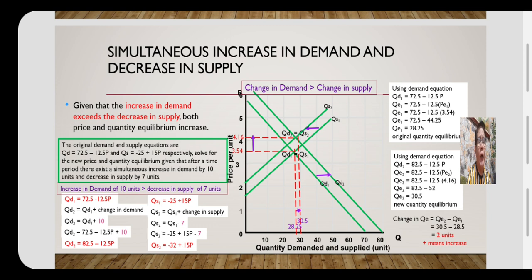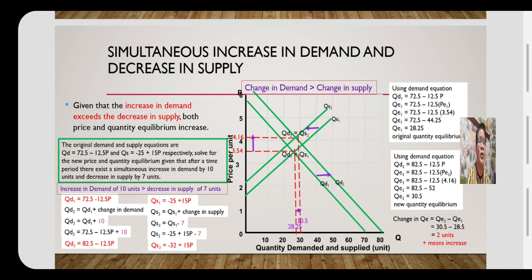Now, how are we going to compute the change in quantity equilibrium? So the change in quantity equilibrium is simply the difference between QE sub 2 minus QE sub 1. QE sub 2 being the new quantity equilibrium, QE sub 1 being the original quantity equilibrium. So 30.5 minus 28.5 will result in a value of 2 units, which is the change in quantity equilibrium.